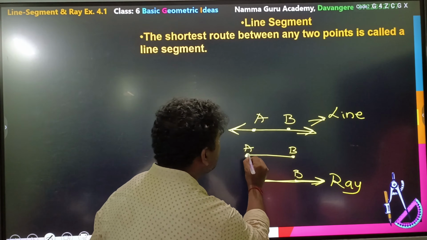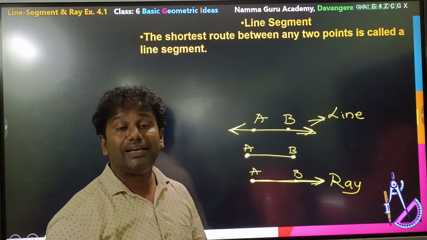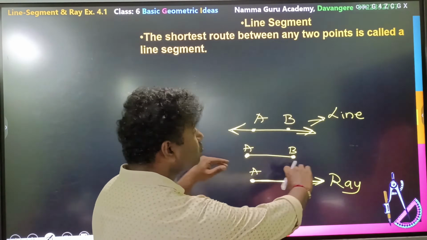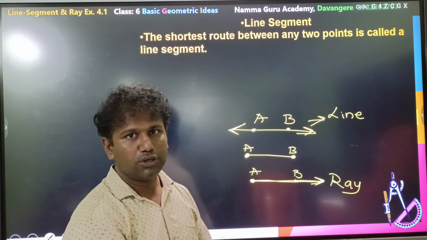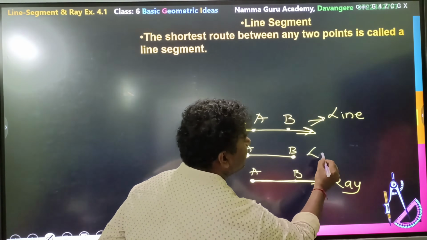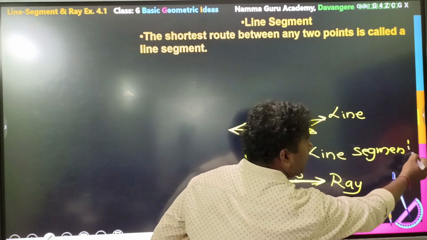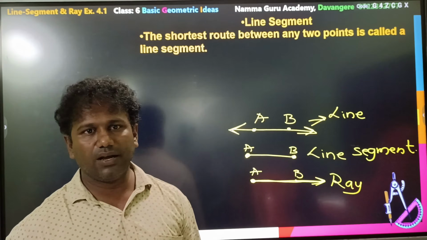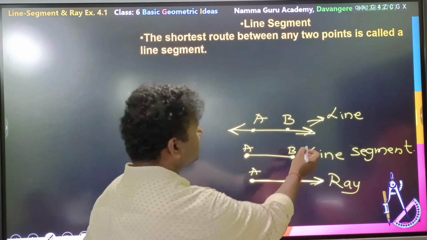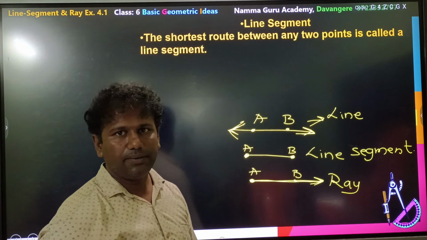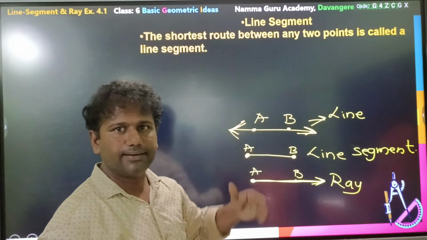Here you can see on both sides it has end points. There is no arrow mark. Such figures are called line segments, meaning part of a line. If arrow marks are given in both directions, it is a line.